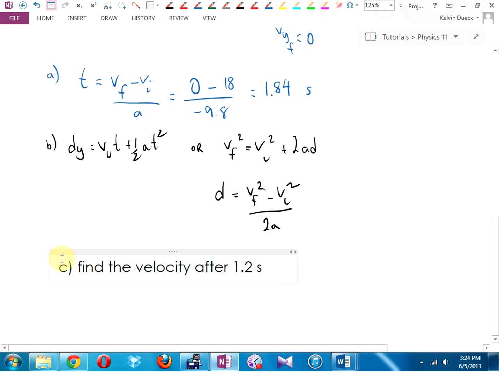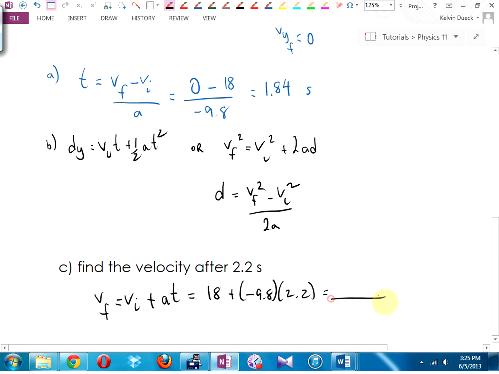So you know what? Just for fun, let's go 2.2 seconds. On the way up or on the way down? Should I expect a positive answer or a negative answer when I find the velocity? Okay, what can I use? I think I can use positive 18, my V initial, plus negative 9.8 times 2.2.